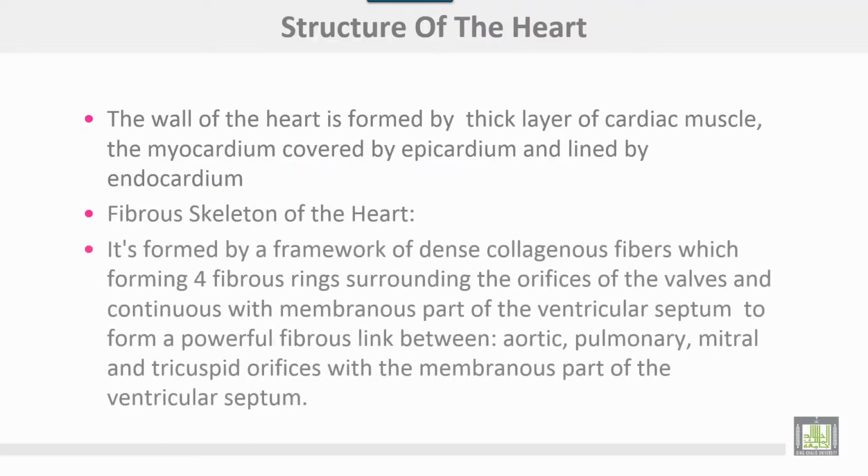The fibrous skeleton of the heart is formed by a framework of dense collagenous fibers forming four fibrous rings surrounding the orifices of the valves and continuous with the membranous part of the ventricular septum to form a powerful fibrous link between the aortic, pulmonary, mitral, and tricuspid orifices with the membranous part of the ventricular septum.